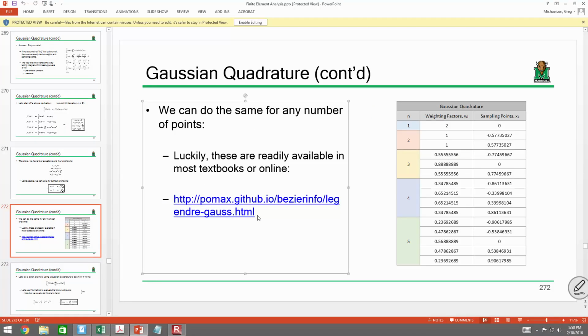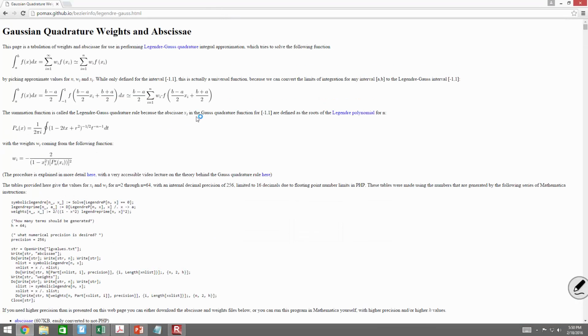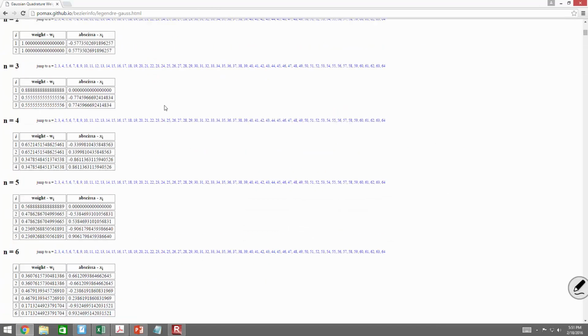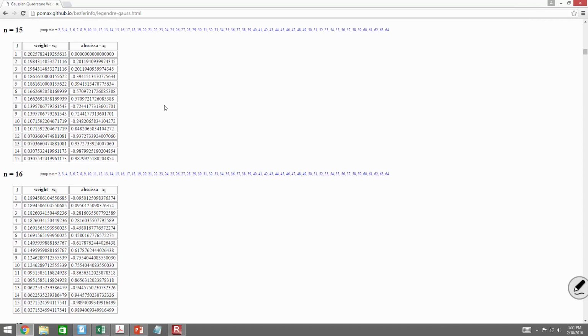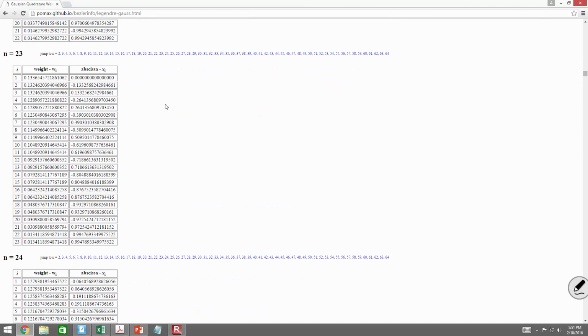Let me see if this website still works. I hope it does. You can find this stuff all over the place. This website goes a little nuts with it. They go all the way to a 23-point integration scheme. In no way, shape, or form do we use anything that rigorous in finite elements.